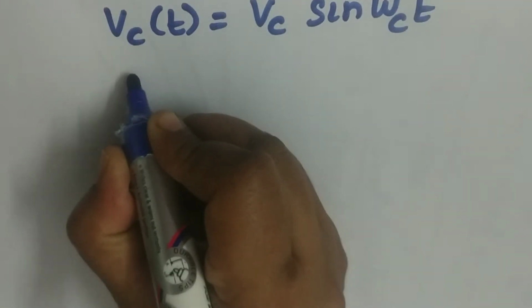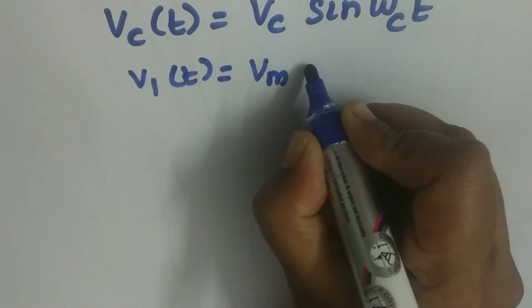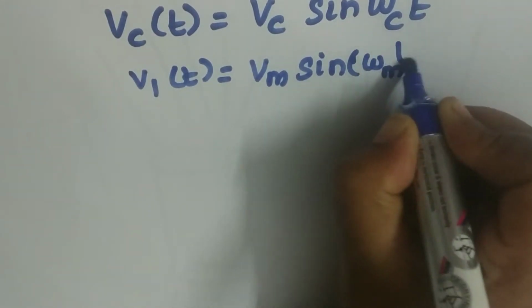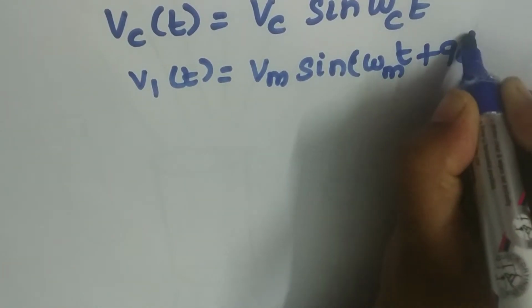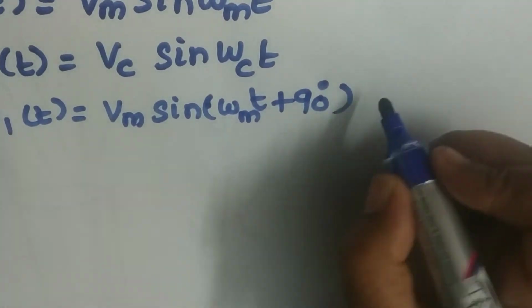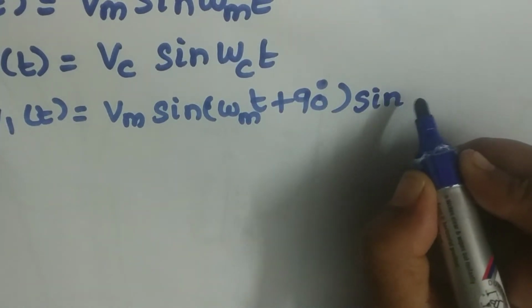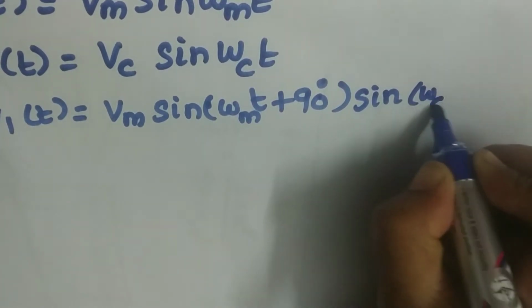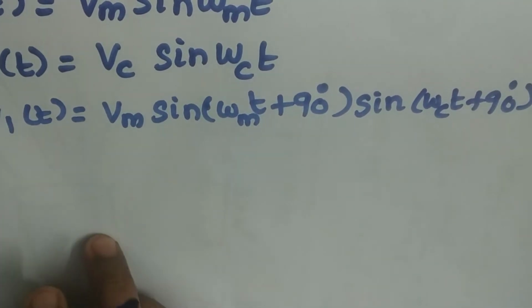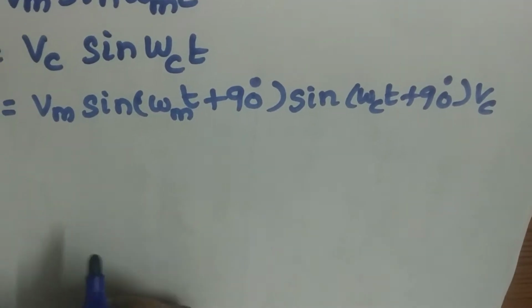So let us write V1 of t is Vm into sin of omega mt plus 90 degrees, into Vc sin of omega ct plus 90 degrees.